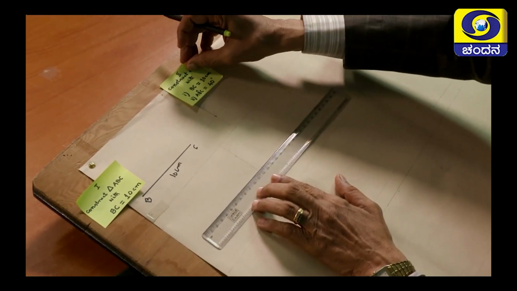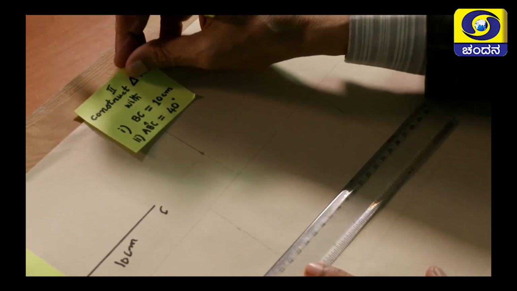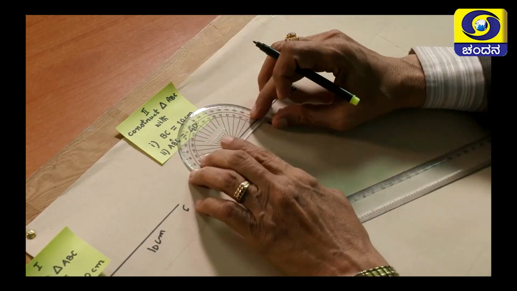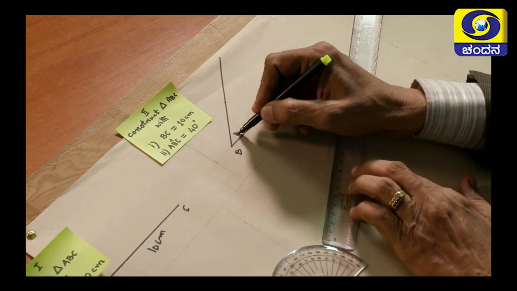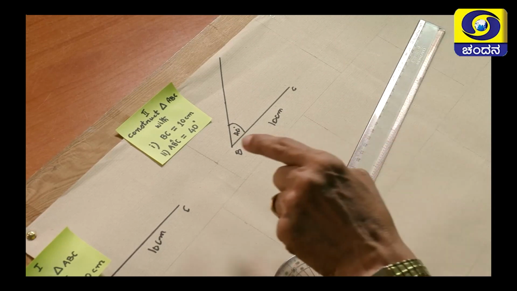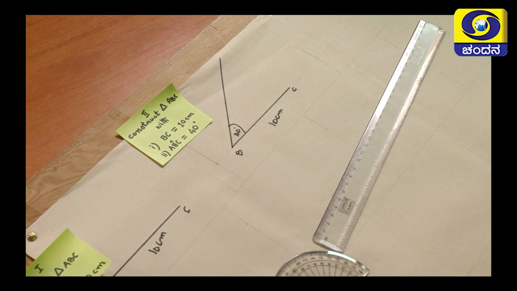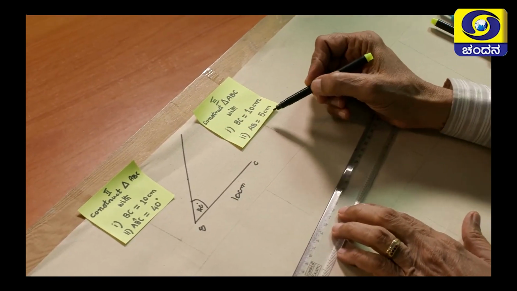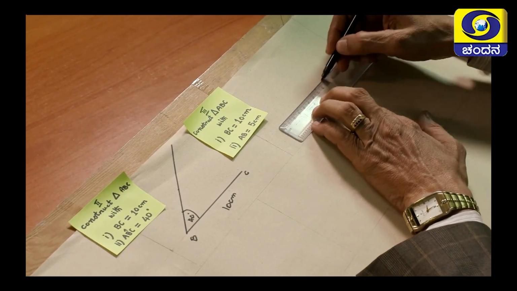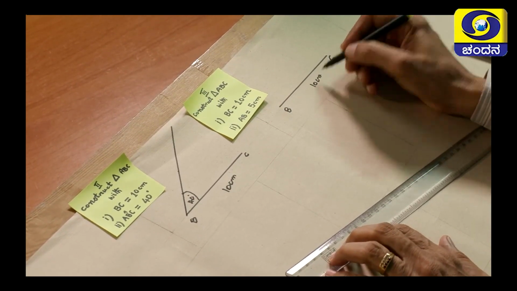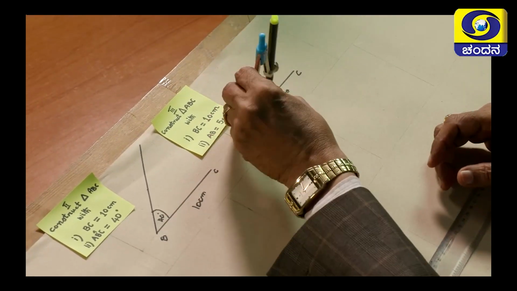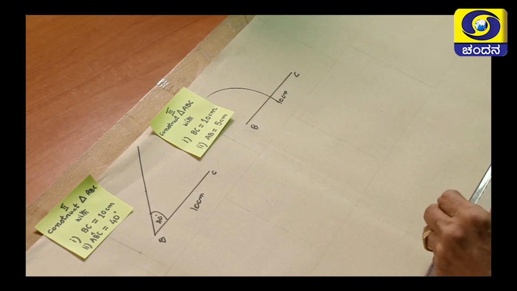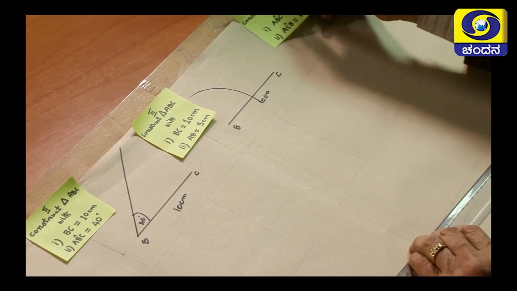Let us say that 2 elements are given. Even then it is not possible to construct a triangle. Say BC and AB are given. Did we get a triangle? No. In this case also, we didn't get a triangle.